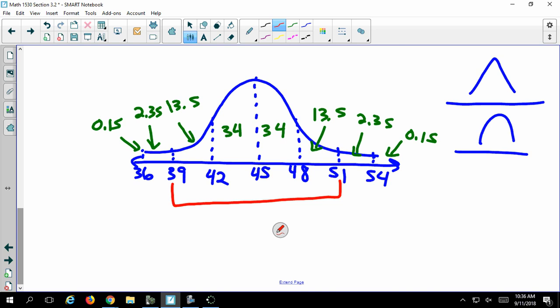That's 95, right? That's one of our rules. And then we add this extra piece here, all the way to 54, we're going to add 2.35. Now you could just add all these percentages, 13.5, 34, 34, 13.5, 2.35. But I already know what this is. That's 95. So 95 plus 2.35.